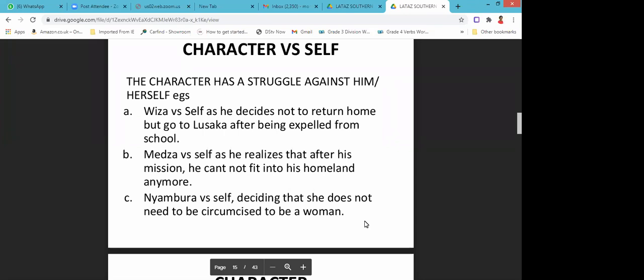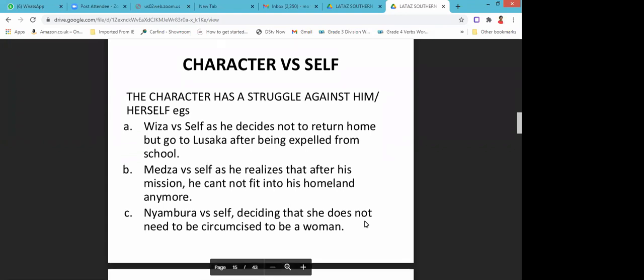The second example, Medza versus himself, as he realizes that after his mission, he can't fit into his homeland. He can't go back to his father's house and fit in because he had undergone so much change and did not agree with some of the rules and beliefs of his father.